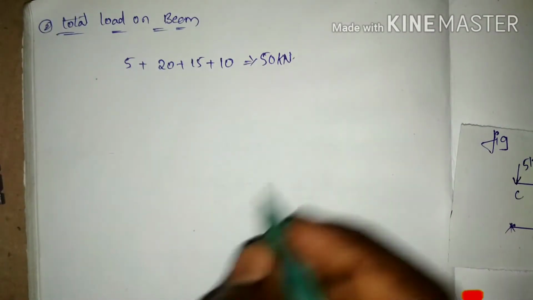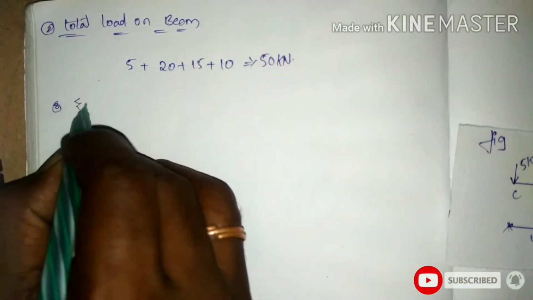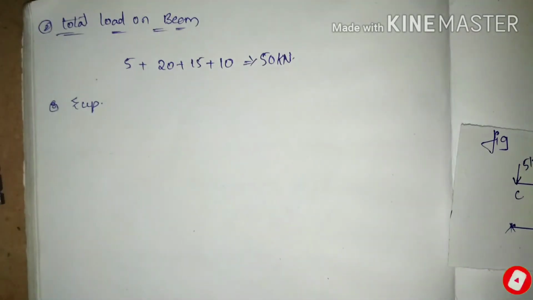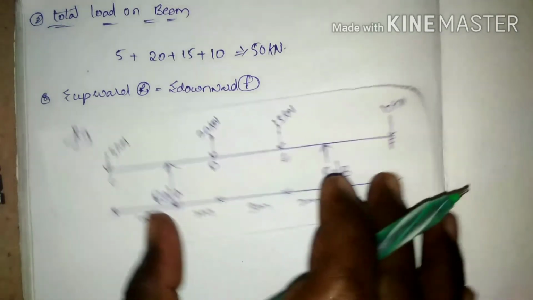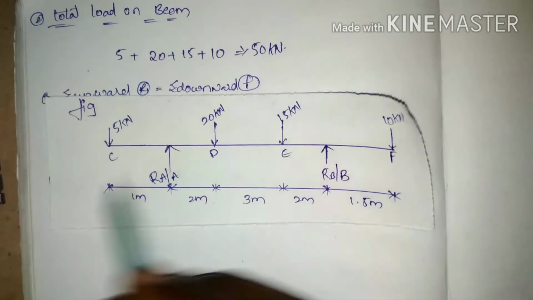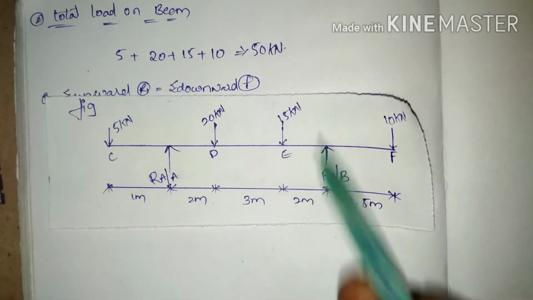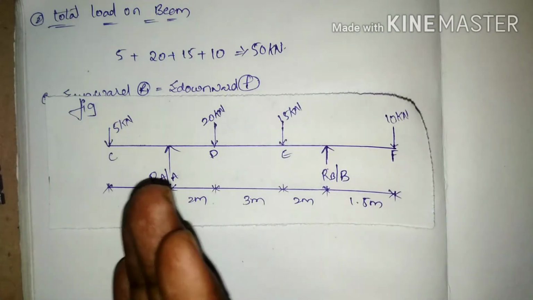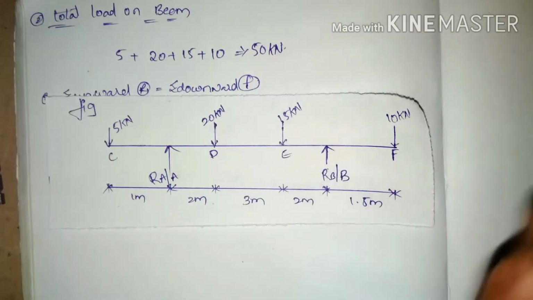Next, our third step is summation of upward reactions is equal to downward forces. Here in the diagram the upward reactions are RA and RB. These are only in the upward direction and all the remaining forces are in the downward direction, so RA and RB are written on the LHS and the remaining forces are on the RHS.